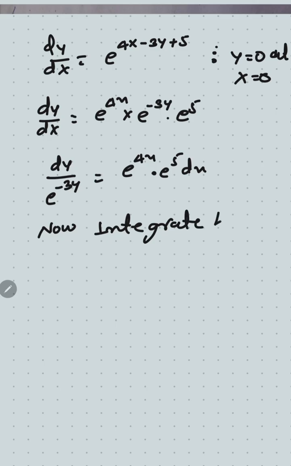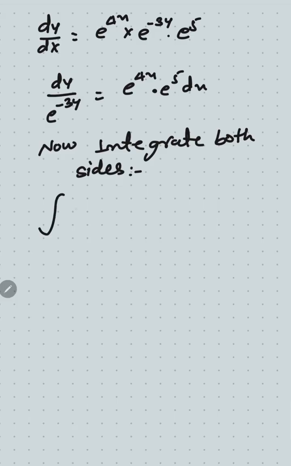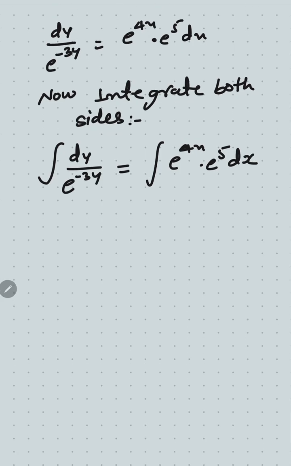Okay, now integrate both sides. It means dy by e to power negative 3y equals e to power 4x into e to power 5 of dx.